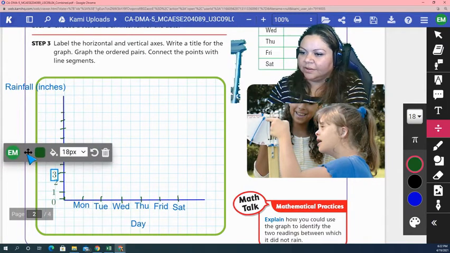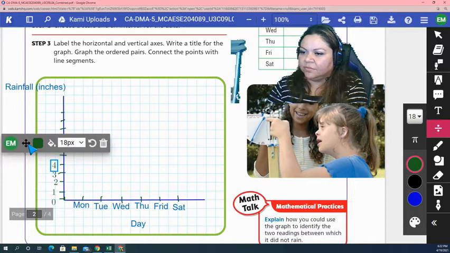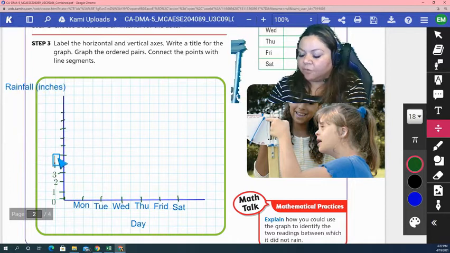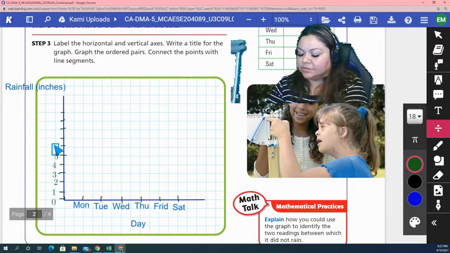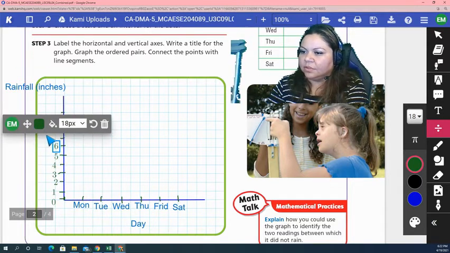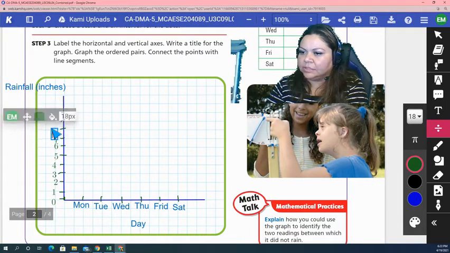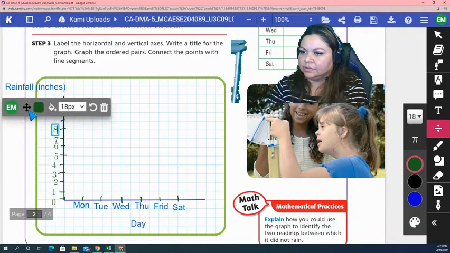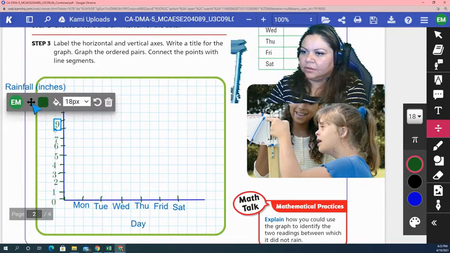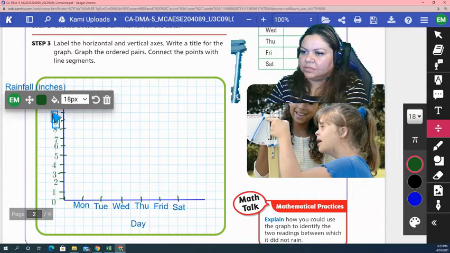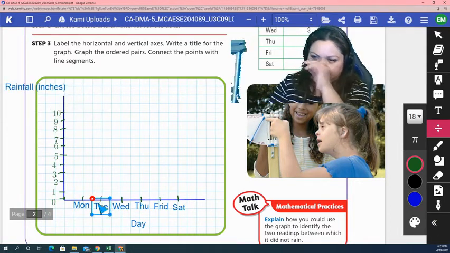Easier in your books, right? 3, so that way you guys don't fall behind, I guess. 4, 5, then 6, then 7, then 8, then 9, then 10. Okay, so we have 0 to 10.